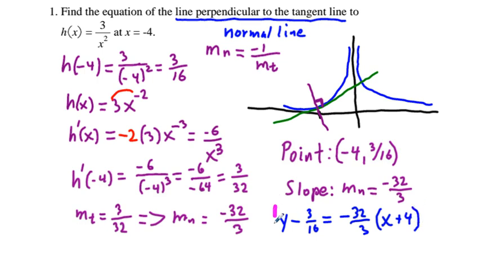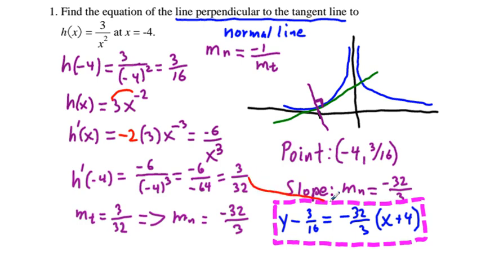And so this is going to be our answer. I want to point out to you that had we been asked to find the slope of the tangent line, we would have been able to take this 3 over 32, as I'm drawing with the red arrow here, instead of this negative 32 over 3. And that would have given us the equation of the tangent line.